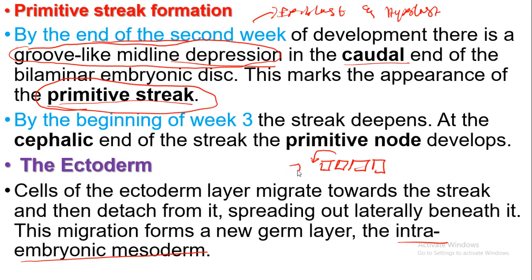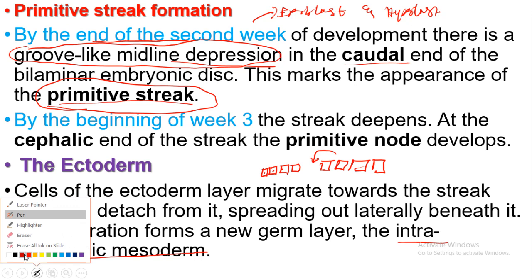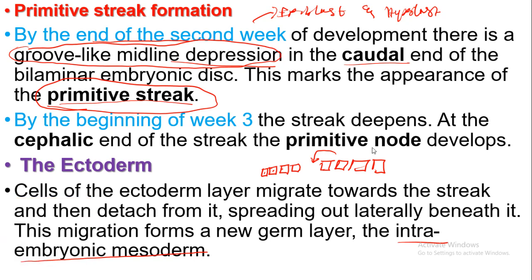And this is taking place due to the fact that the cells in the ectoderm are consistently dividing. So please make sure that you are able to understand. Remember, we have the endoderm which is down there.